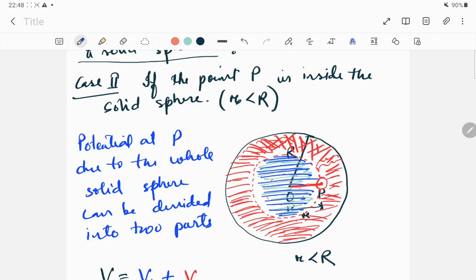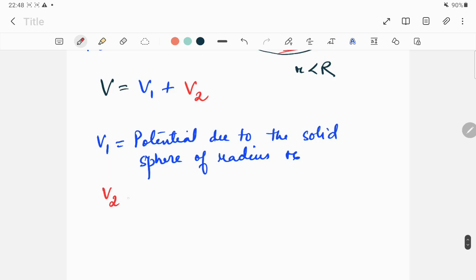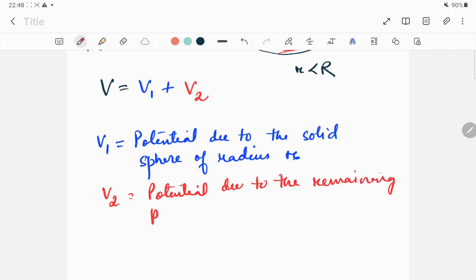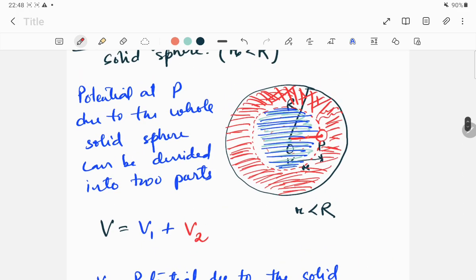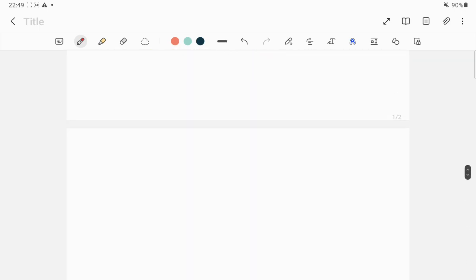And V2 is the potential due to the remaining part of the sphere. Remaining part of the sphere means the red shaded region. So we will have to solve this problem in two parts. Let us start with that.